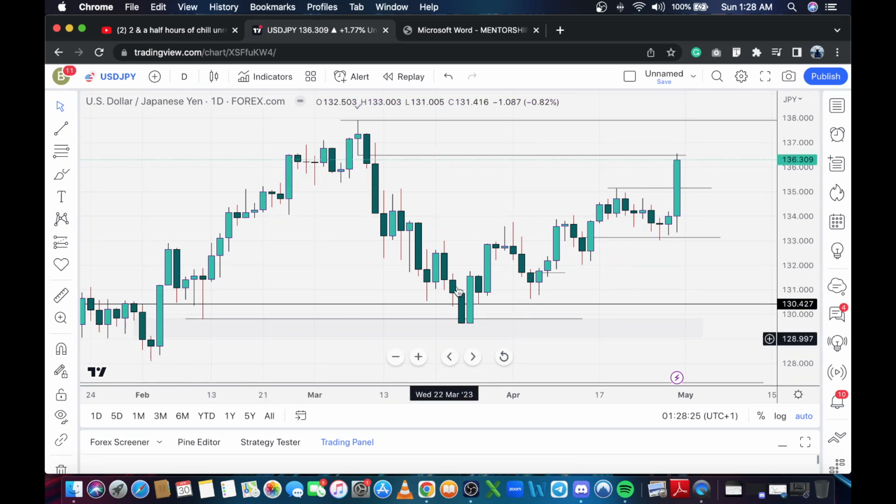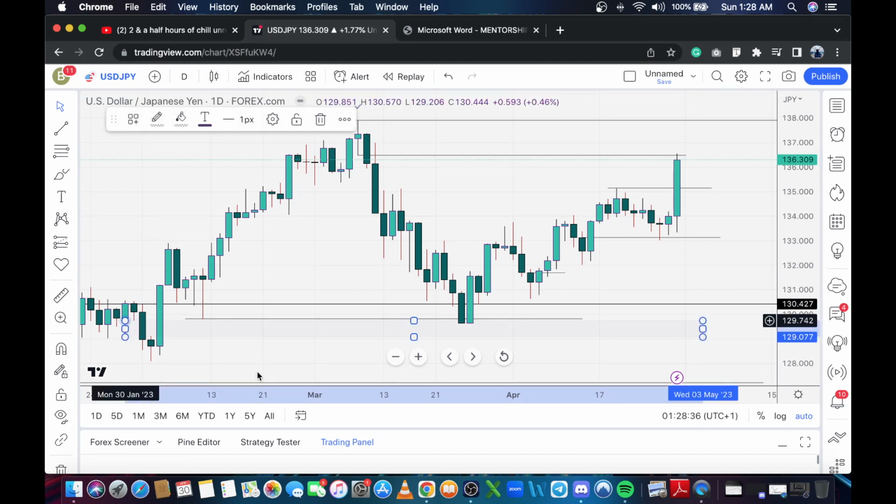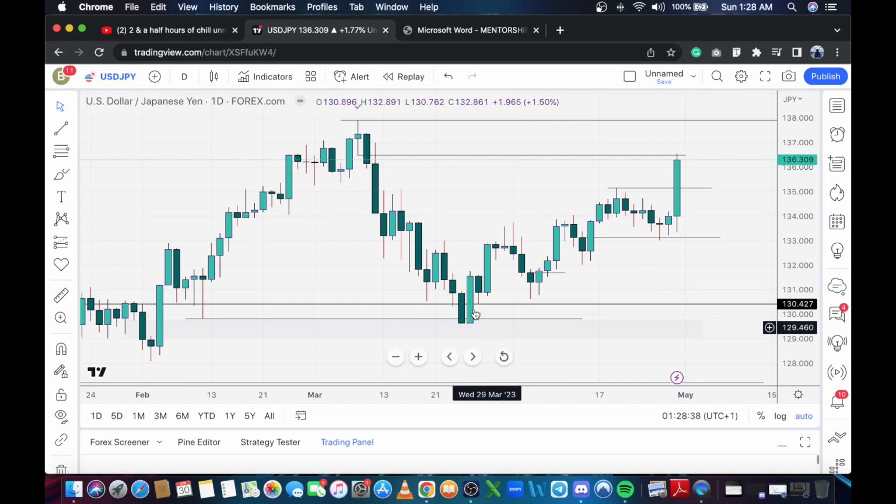Our rule or protocol for a balanced price range is not violated because the market does not trade through the consequent encroachment of our BPR. So it shows very strong willingness to displace away from there. As soon as it trades on there, look at the next candle, it trades higher. Now, some will call this a bullish engulfing. We're not concerned with the candles. What I want you to see is how we are respecting discount.